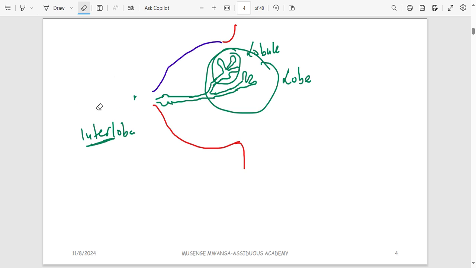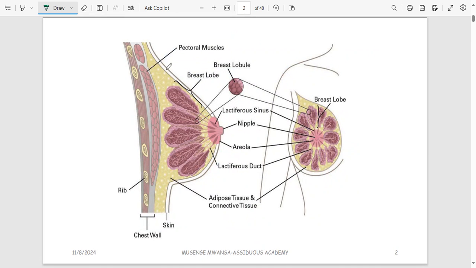We are going to understand that. So the dilatation before you open on the nipple is known as the lactiferous sinus. And that is what we are seeing here.